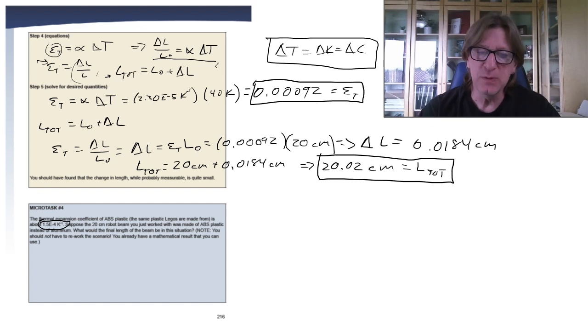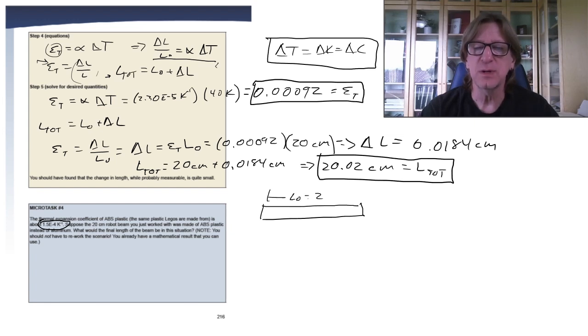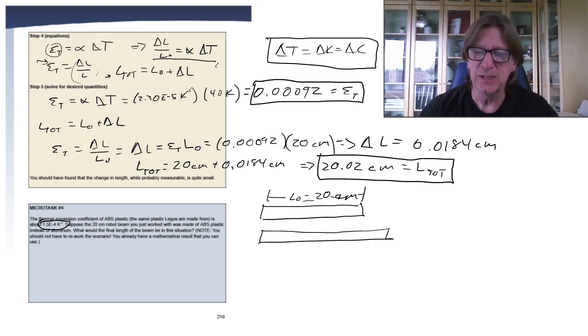So let's suppose that we have that same beam that's 20 centimeters long, so L0 equals 20 centimeters. But now it's made out of ABS plastic, so it's going to expand by a different amount for the same amount of temperature.